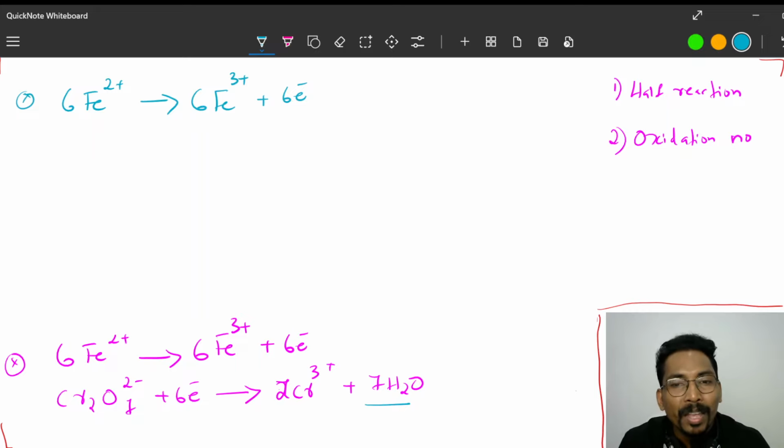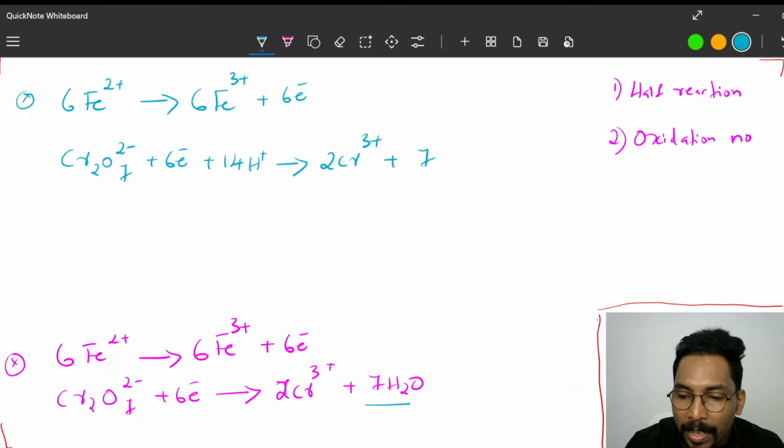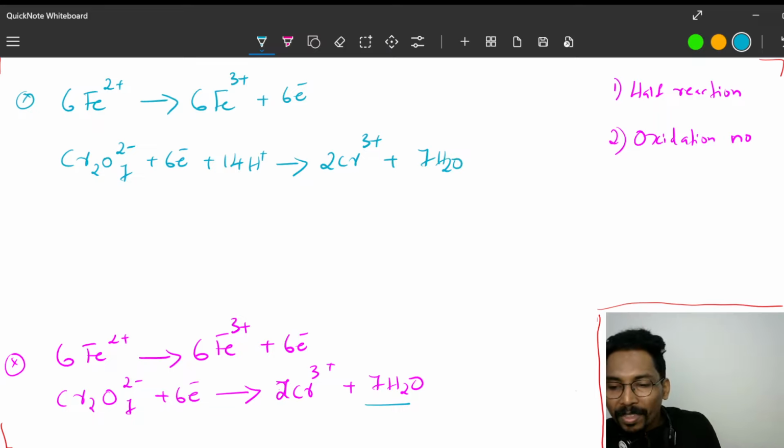So add 14 H+ on the left side. Cr2O7 2- plus 6 electrons plus 14 H+ gives 2 Cr3+ plus 7 H2O. Clear? Now you balanced oxygen, hydrogen, everything.